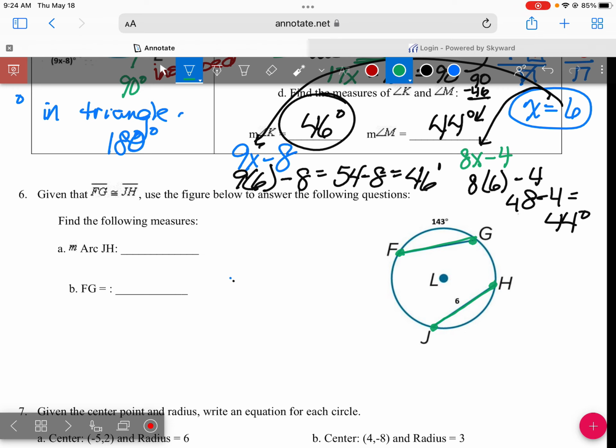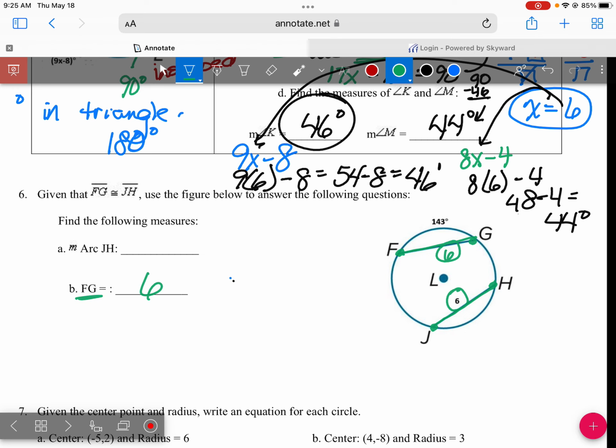So if line segment FG is congruent to line segment JH, what is the measure and length of FG? 6, yes. We don't know 6 of what, or 6 in what length, but it is 6.